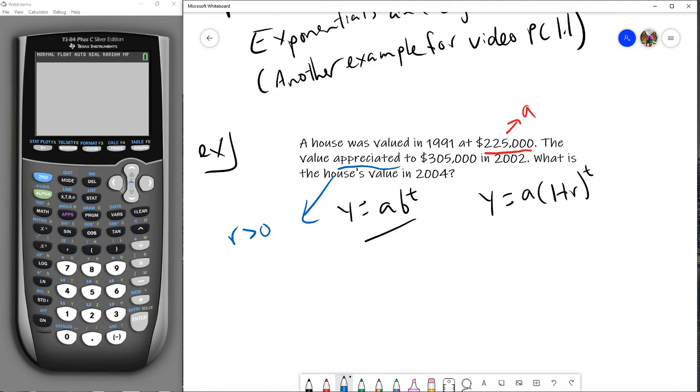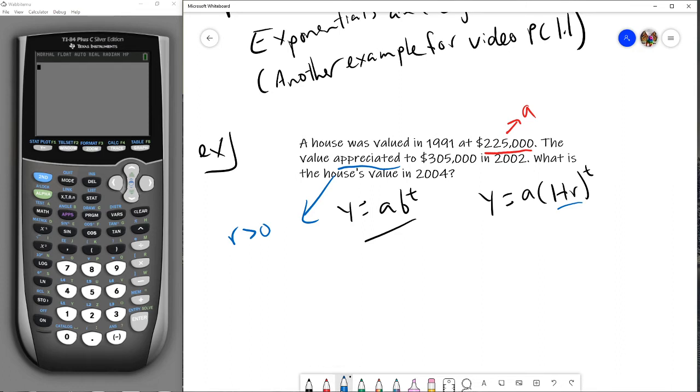If it said depreciating, like if you have a car or some furniture, its value decreases usually over time because of wear and tear, and so it loses value. But with the house here, it's appreciating, it's gaining equity, it's becoming more valuable. So that's something to note, is that our answer for r, if we were to use this formula, should be positive.